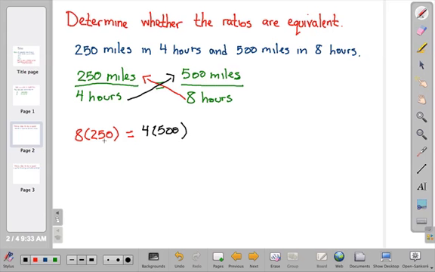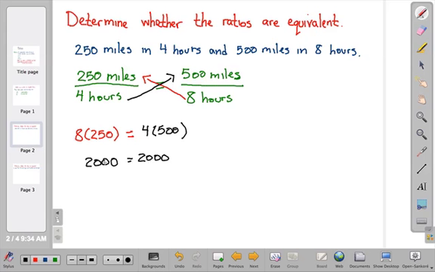8 times 250. Well, I know that 4 times 25 is 100, so that means 8 times 25 is 200, and if I add the 0, I'll get 2,000. And 4 times 500. Well, I know 2 times 500 is 1,000, so 4 times 500 must be 2,000.